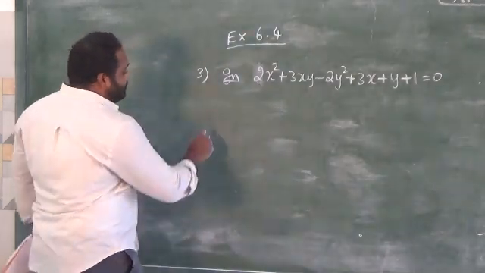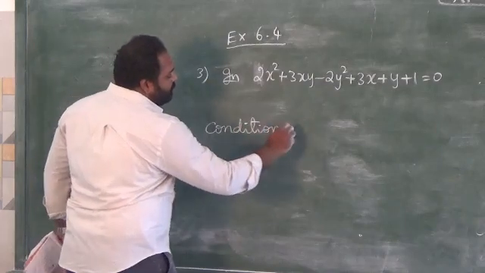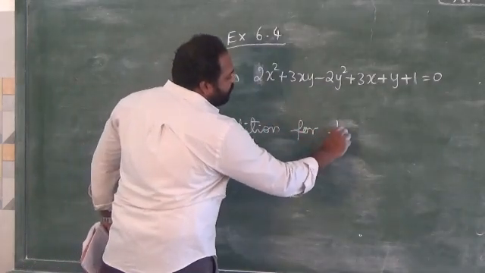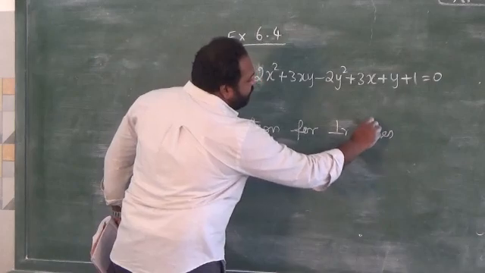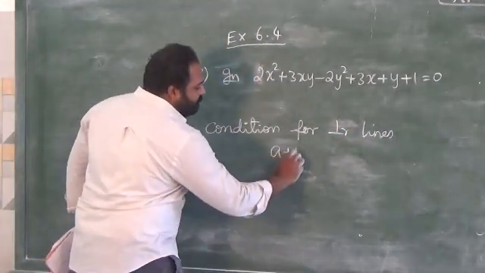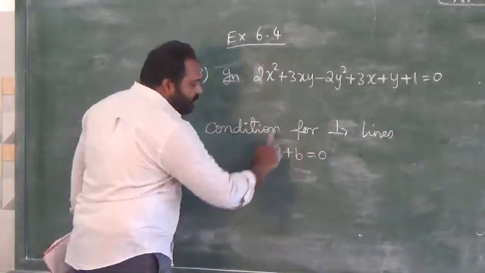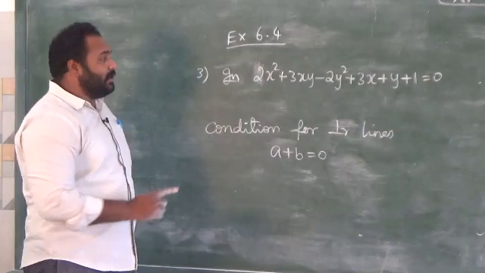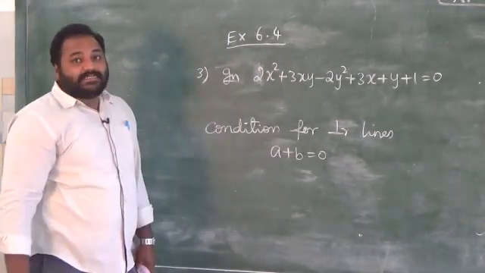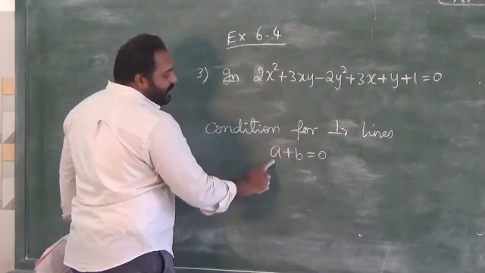So we have a condition for a pair of perpendicular lines. What is the condition? a plus b equal to 0. If this is satisfied, we can say the given pair of straight lines is a pair of perpendicular lines. For that, you need the values of a and b.